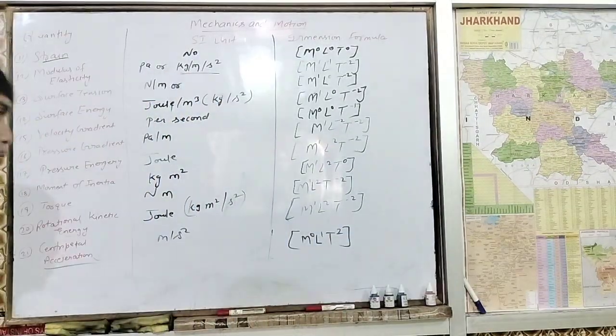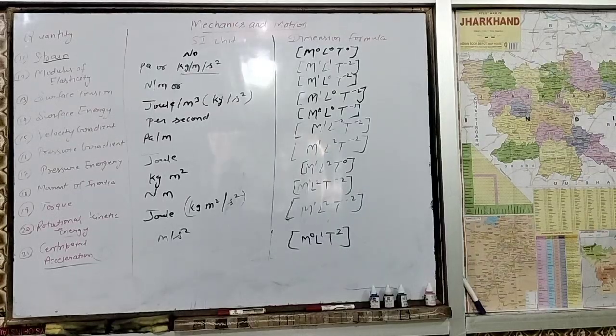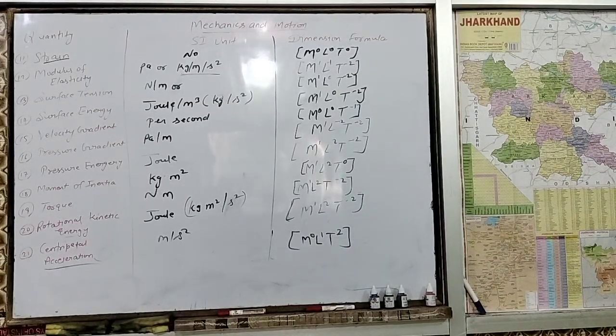M0, L1, T minus 2 for acceleration. That is how we find the dimension formula for all these physical quantities. Did you face any kind of problem?